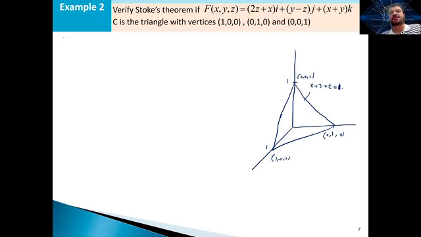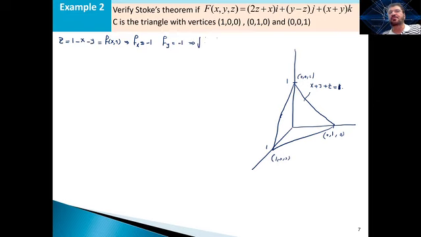So this implies that z is equal to 1 minus x minus y. From this one, this is actually f of xy. So what I'm going to find here, I will find the partial derivative with respect to x, which is -1. The partial derivative with respect to y is also -1.